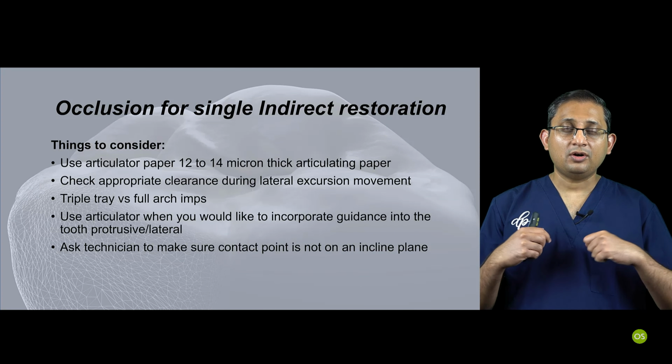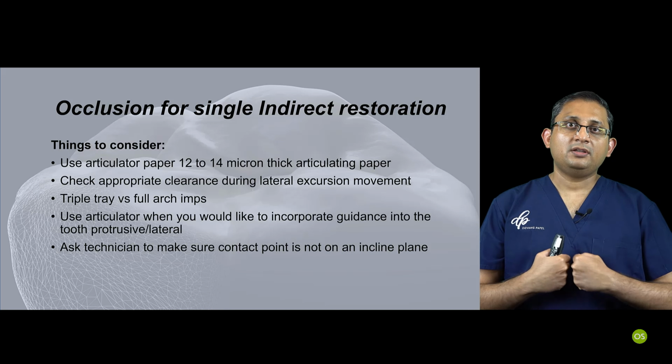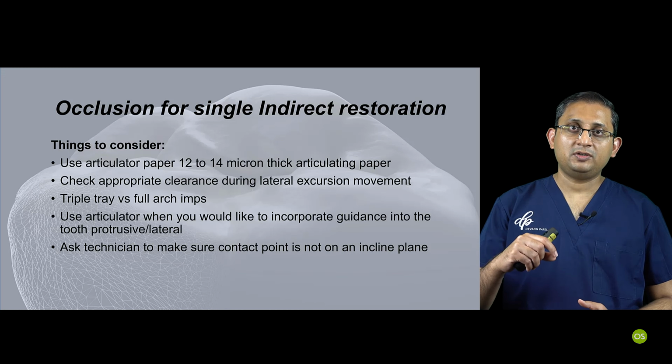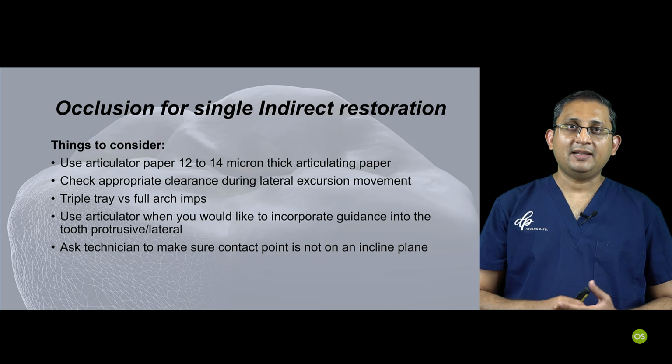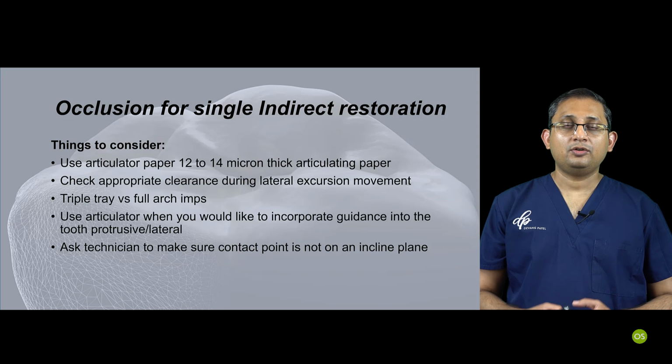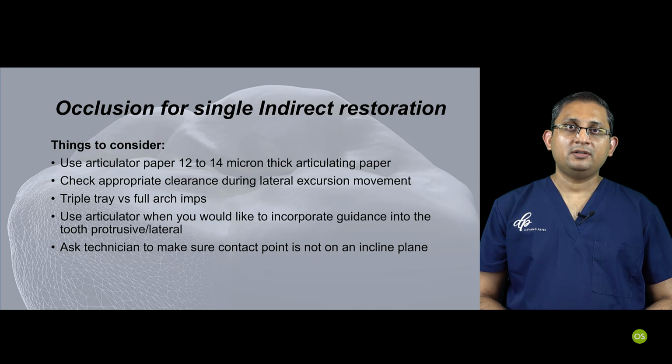So when two teeth contact, I don't want the cusp tip of the tooth I'm restoring to contact the inclined plane of the opposing tooth, because it can cause traumatic forces. So you want a flat surface where the upper restoration, if you're treating that, lands on the mandibular tooth.